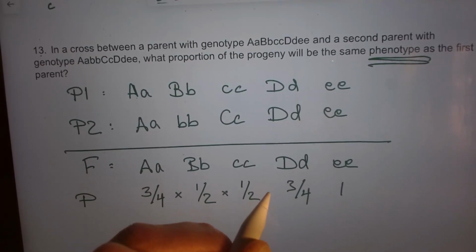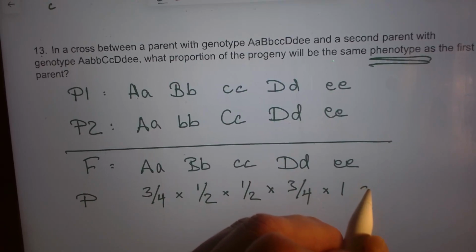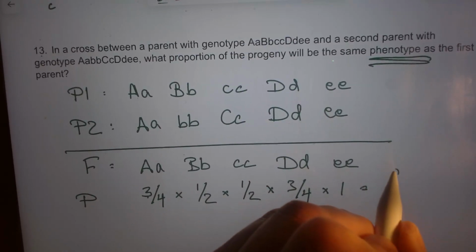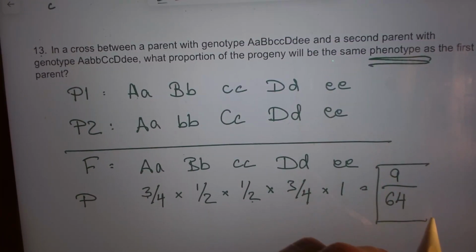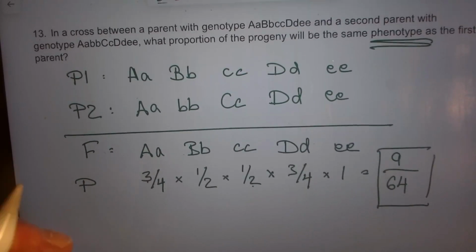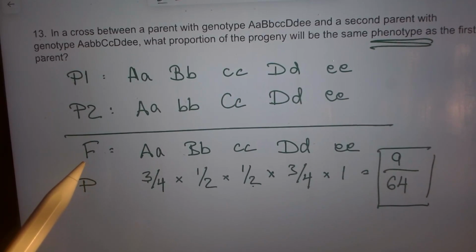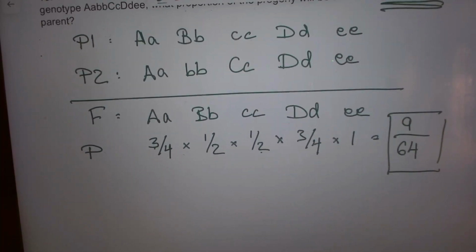We times them all together, and if we times them all together, 3 times 3 is 9, and 4 times 2 is 8, 8 times 2 is 16, 16 times 4 is 64. The chance is 9/64 that the progeny will be the same phenotype, not genotype, but phenotype as the first parent. And that's the end of part 3.